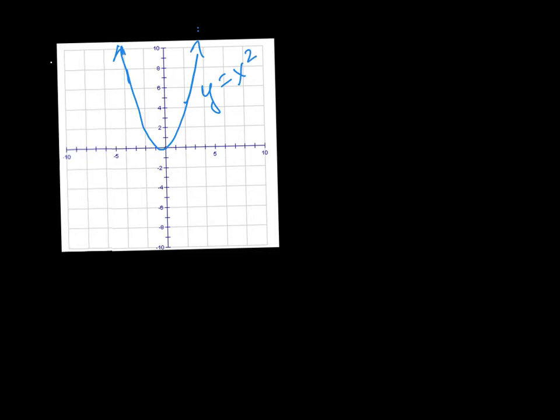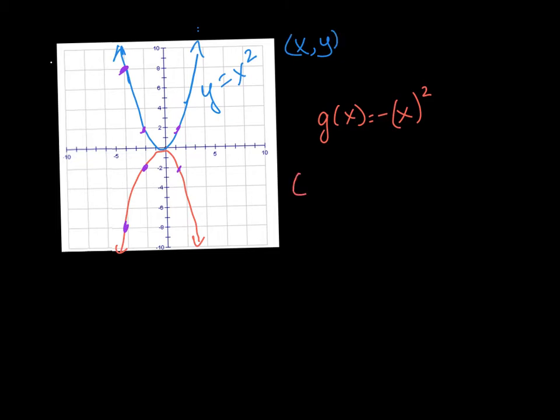And then it becomes a different function, negative x squared, which means, remember, I'm taking my function and multiplying by the negative on the outside, and that parabola completely reflects down. All of the x values stay the same no matter where you are on the graph. Your x values will stay the same, but the y values get multiplied by negative 1.